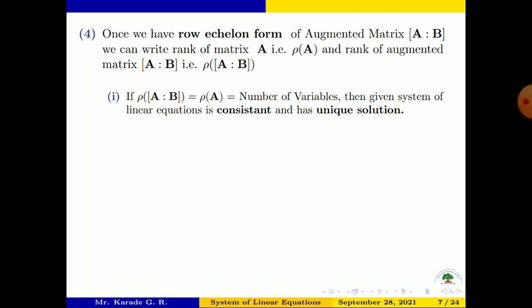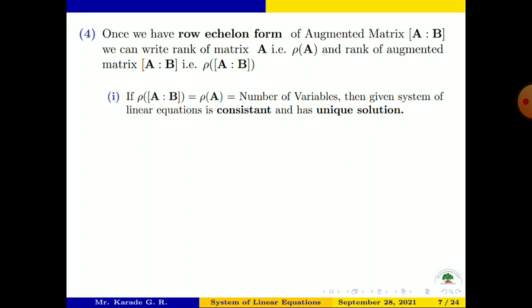Now there are some cases. If the rank of the augmented matrix [A | B] is the same as the rank of A, and the same number is equal to the number of variables, then we say that the given system of linear equations is consistent, meaning it has a solution, and that solution is a unique solution. So this is the first result.